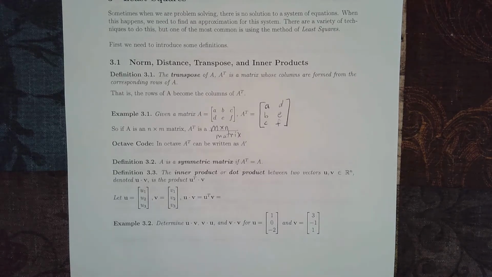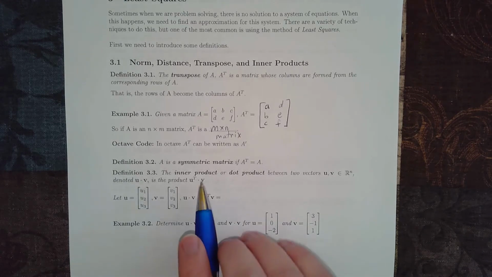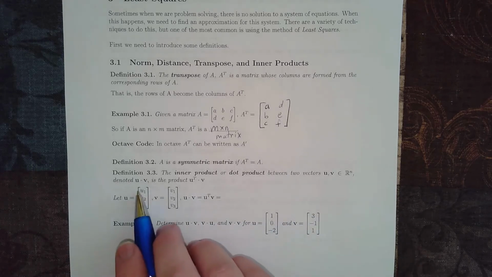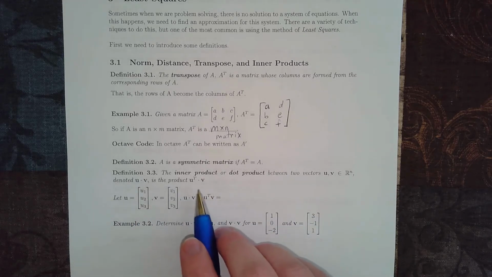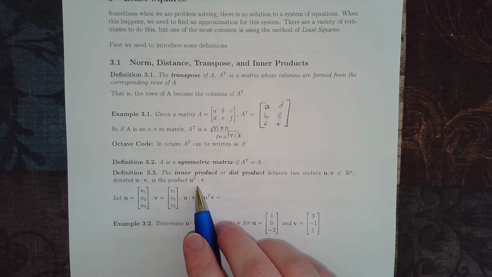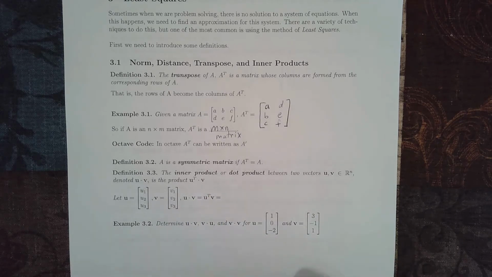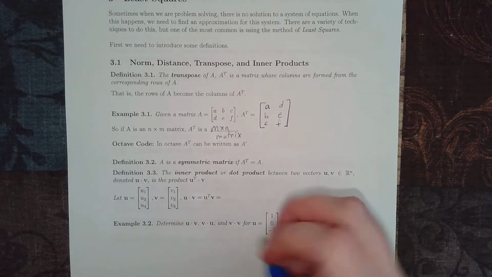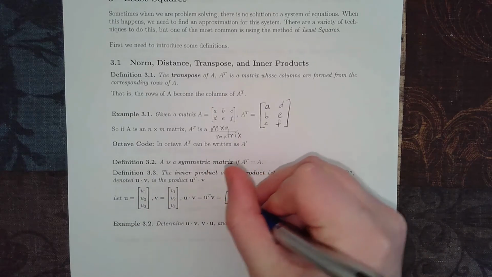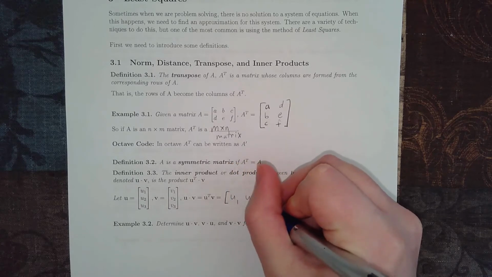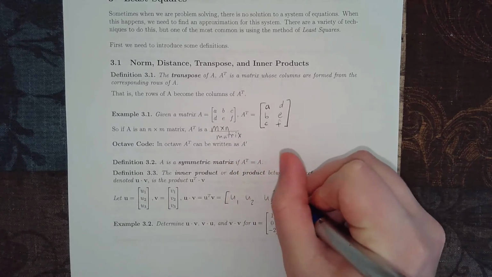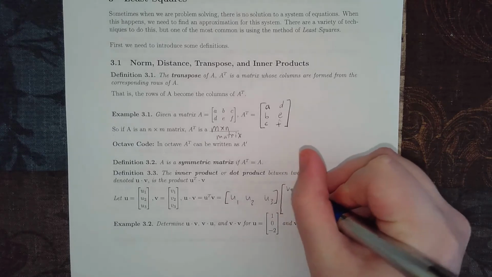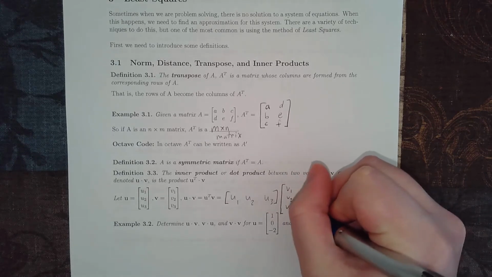Continuing on with some of these extra definitions that'll help us. The inner product or dot product between two vectors u and v in Rn, denoted u dot v, is the product u transpose times v. Essentially the idea here is we're taking u1, u2, u3, however long we have, and then v1, v2, and v3.